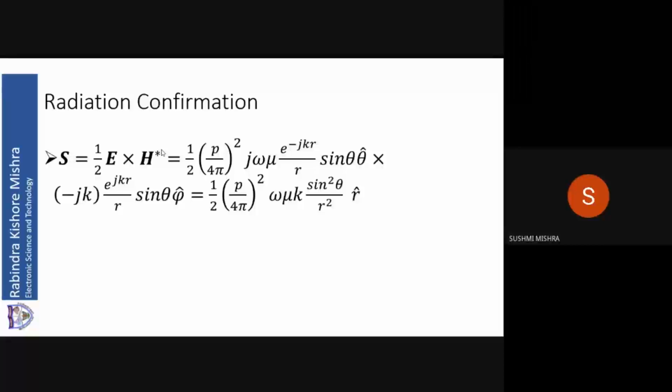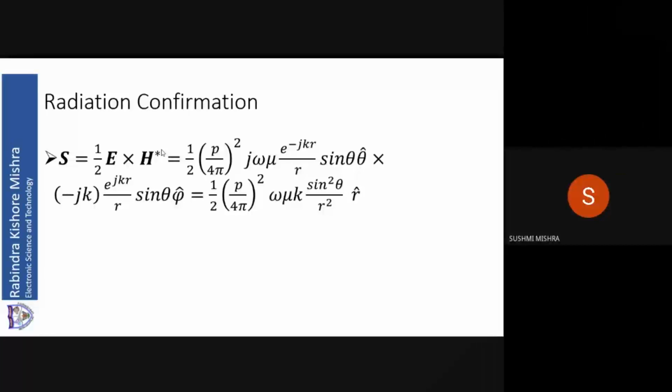Then r into r becomes r square, sine square theta. Okay, so everything goes out. So I am left with 1 by 2, p upon 4 pi whole square, omega mu k. From where are we getting omega mu k? j omega mu into minus jk.